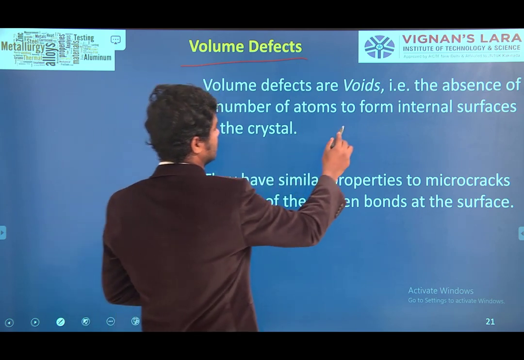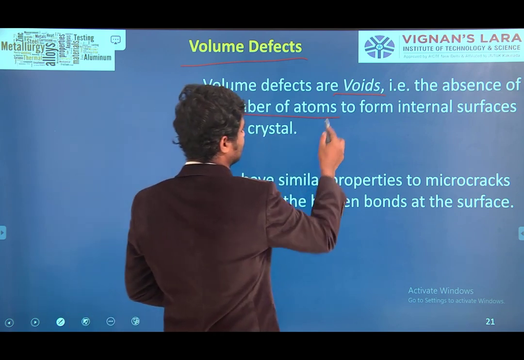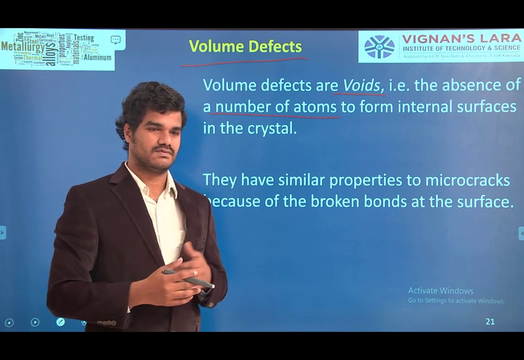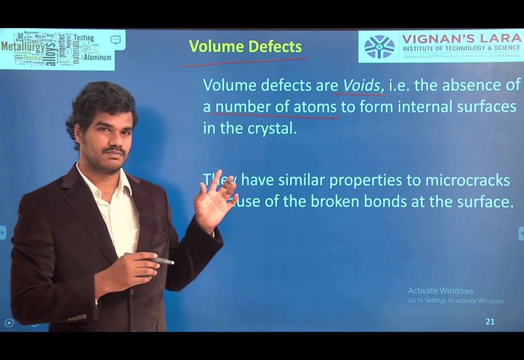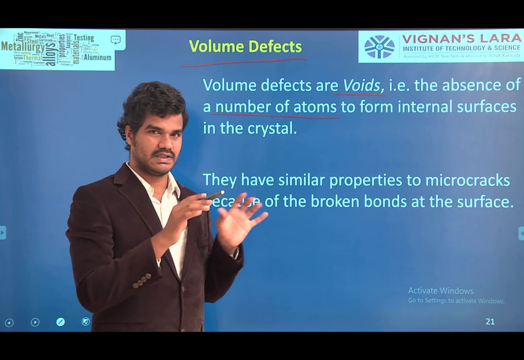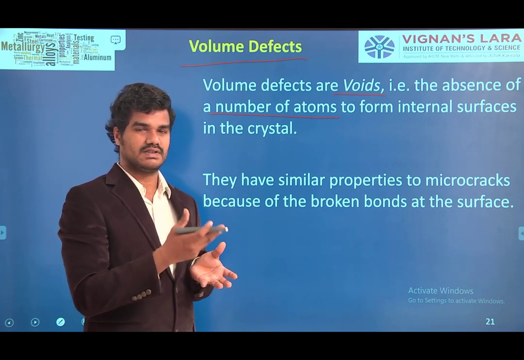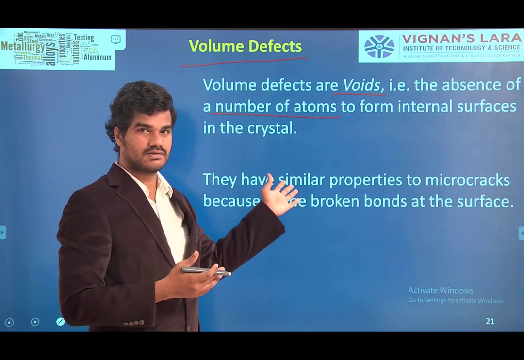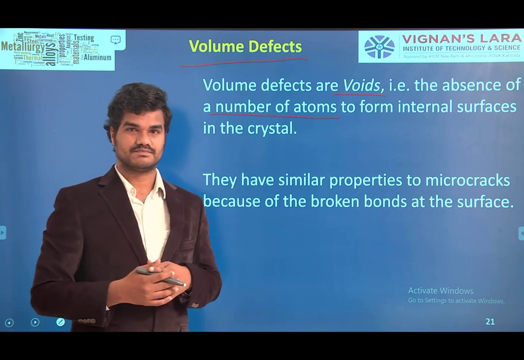Volume defects are voids, that is, the absence of a number of atoms. Here you may get confused. In point defects we talked about the arrangement of atoms where at a particular place there is no atom, so some space is there. That defect we called a point defect. But a volume defect also appears the same, but it is three-dimensional.